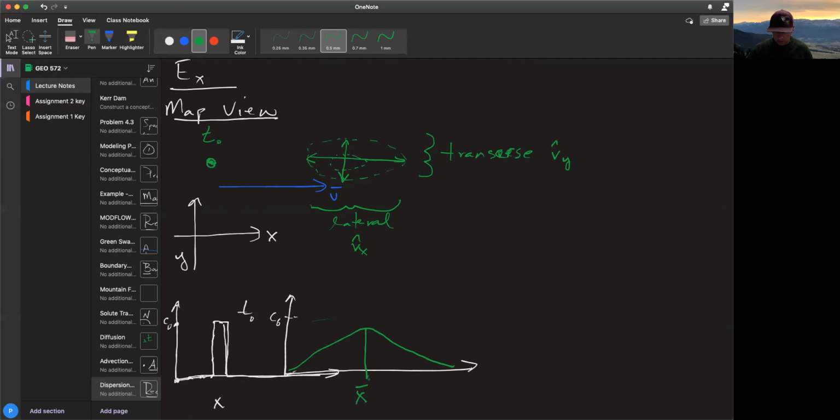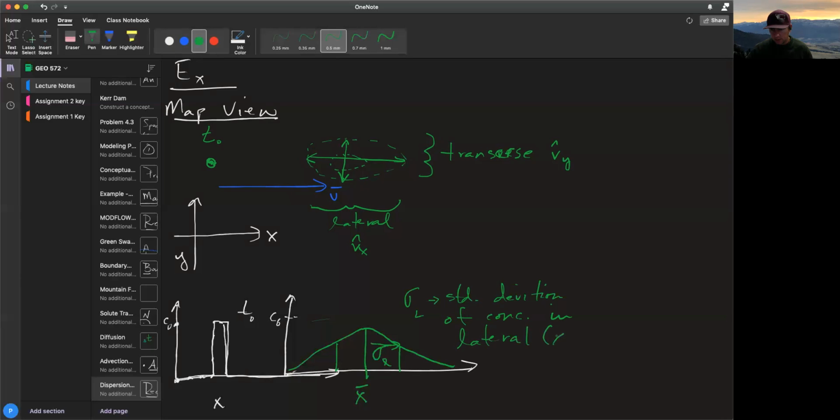And it has, again, a bell-shaped curve. And here's the location of the average. And this bell-shaped curve is characterized by sigma L, where sigma L is the standard deviation of concentration in the longitudinal direction.